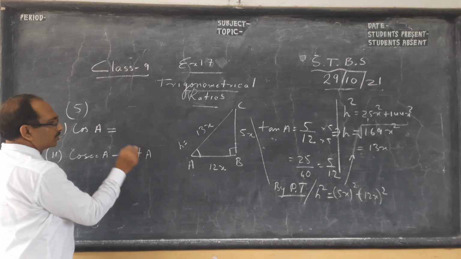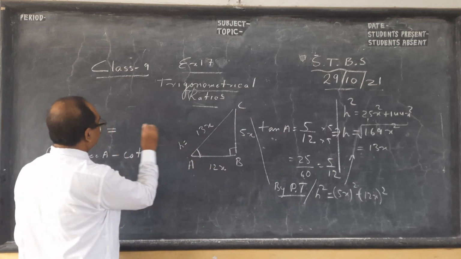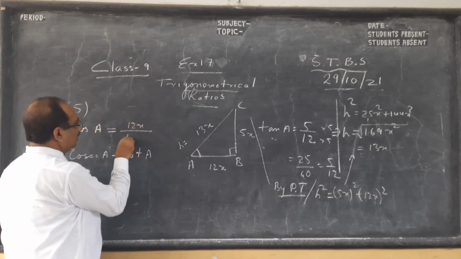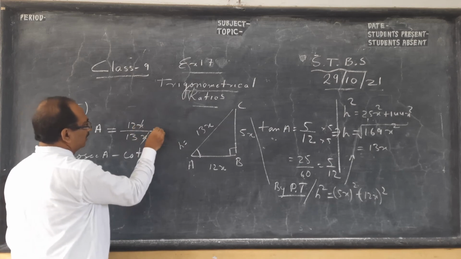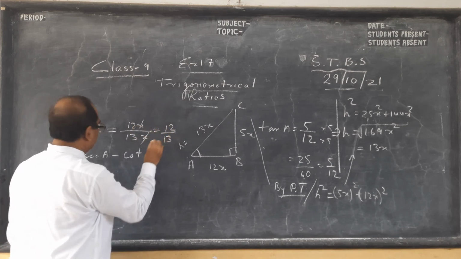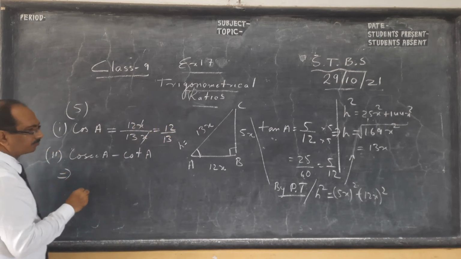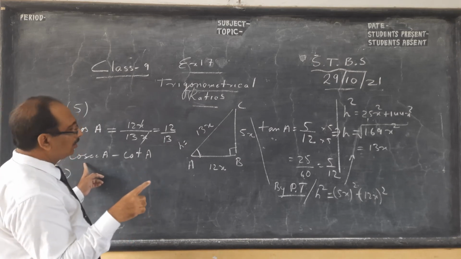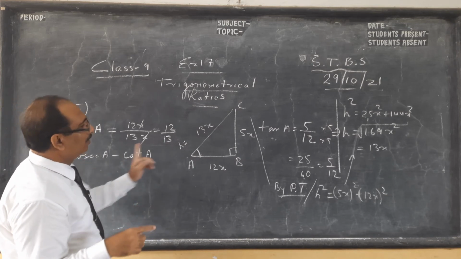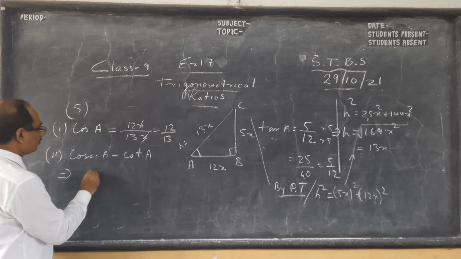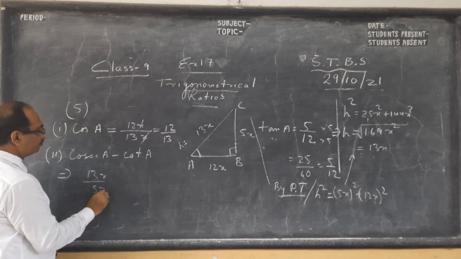Now you get cosec, cos is 12x by 13x, cancel, 12 by 13. Cosec is reciprocal of sine. Sine is 5 by 13, so this will be 13 by 5.